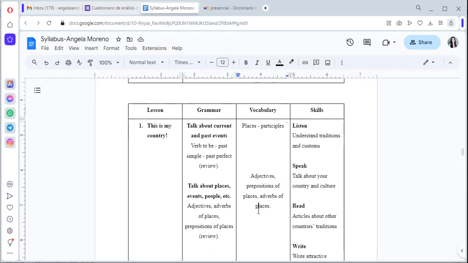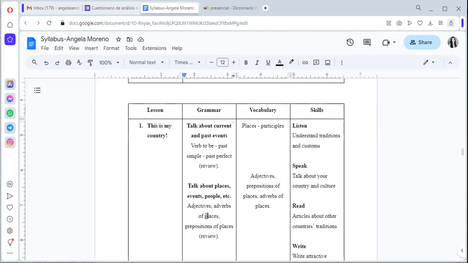In the vocabulary part, he's going to learn places, participles, adjectives, prepositions of places, adverbs of places. And in the listening skill, he's going to understand traditions and customs.